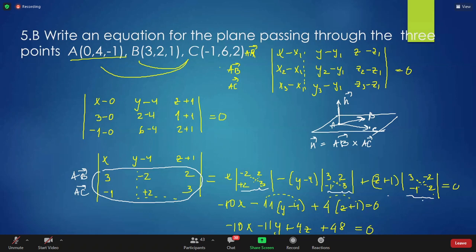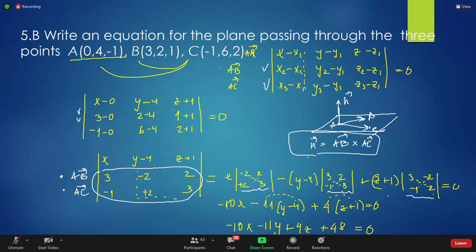That is, first of all, write vectors AB and AC separately. Do not write them in the determinant, but write these two vectors separately. Then find the normal vector as the vector product of these two vectors. You would get the same numbers. Minus 10, minus 11, and 4.